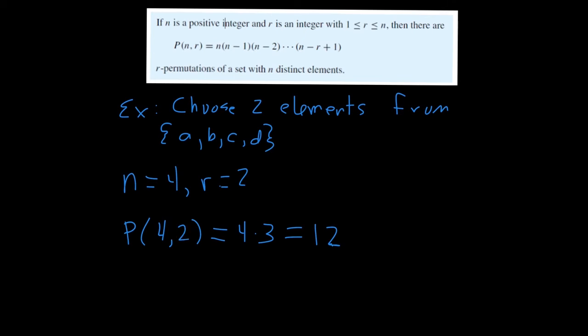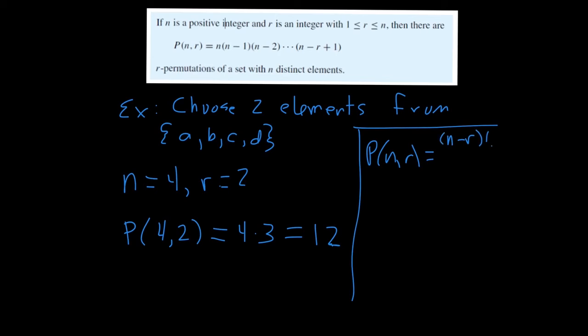Let me show you another formula that I believe is in the book, but sometimes people find this one just a little bit easier. Another formula for permutations is this. Permutations of n objects r at a time is equal to n minus r factorial. Whoops, nope, that's wrong.